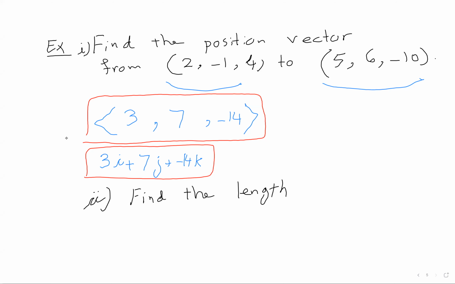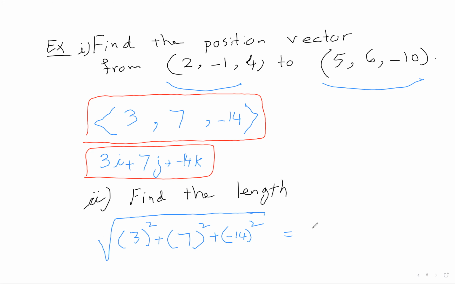Okay, so the length is going to be equal to the radical of the first coordinate of the vector squared, plus the second coordinate of the vector squared, plus the third coordinate of the vector squared. Here you have 3, 7, and negative 14. 3 squared is 9, 7 squared is 49, and negative 14 squared is 196.